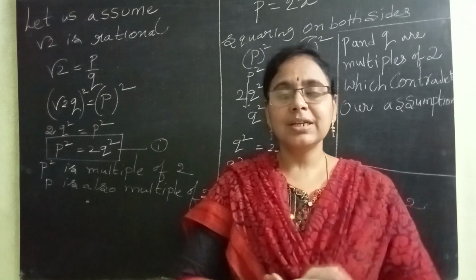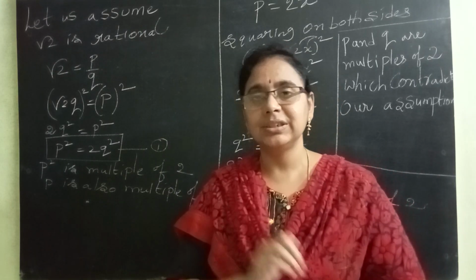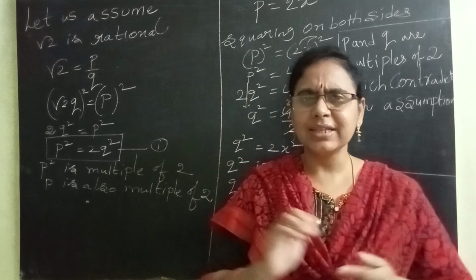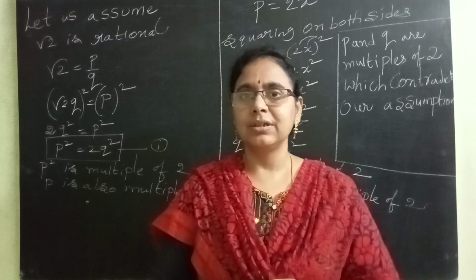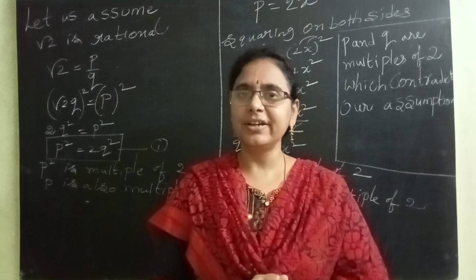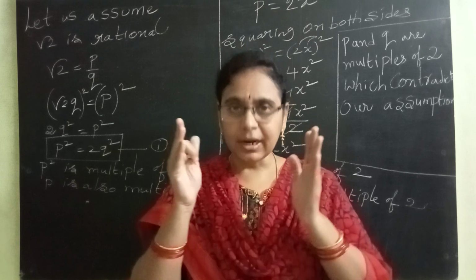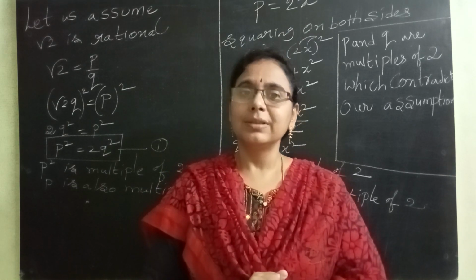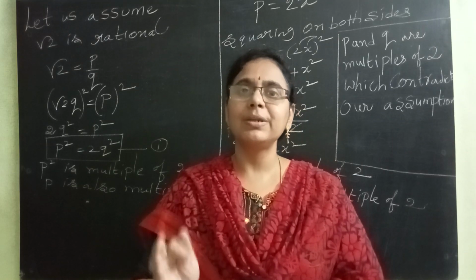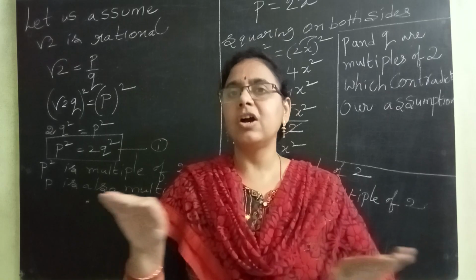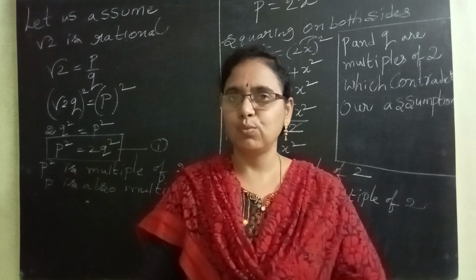In lower classes, maybe you wrote 4 by 6, 2 by 10, 16 by 20 without cancellation, and maybe they gave the marks. Now you are in 10th grade. You have to write it in standard form, in simplest form. That means they must be co-primes. They do not have any common factors except one.